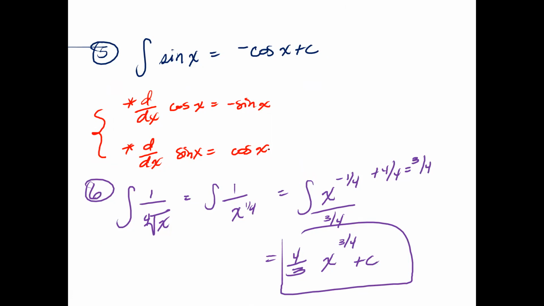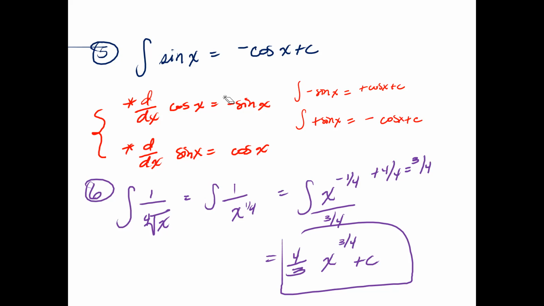So if I'm going to do the reverse of sine, the integration of a negative sine is positive cosine, but the integration of a positive sine x is a negative cosine x plus c.